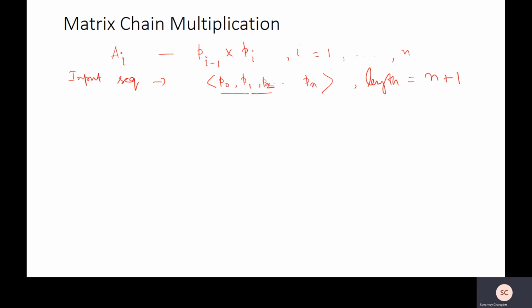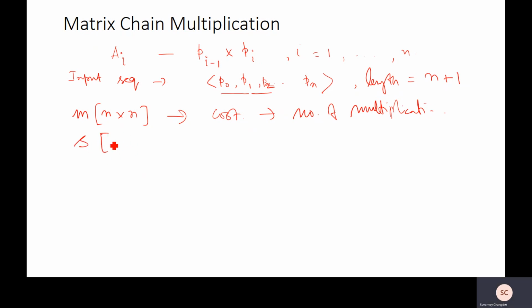Here we will use two auxiliary tables. One is M. M is of dimension n cross n, and here we will use indices 1 to n, not 0 to n. It will save the cost to multiply, and here cost means the number of multiplications required.